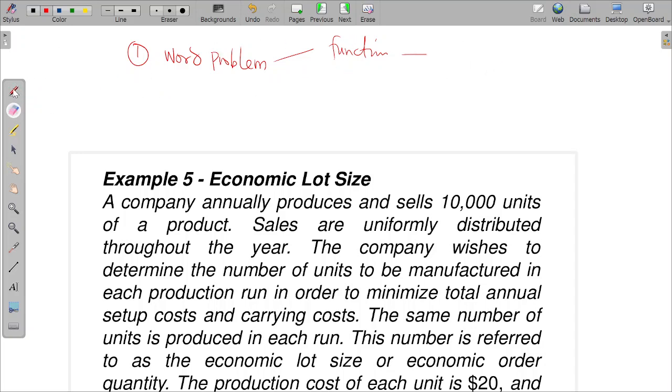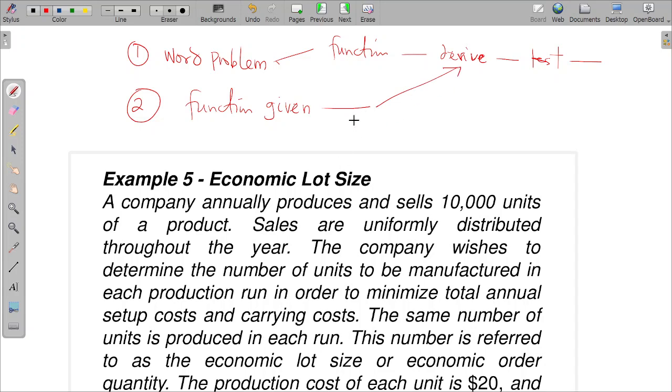You bring out the function, then derive, and then test for minimum or maximum, and then get your answer. But sometimes, the second one, they will give you the function itself, and then you continue from there.